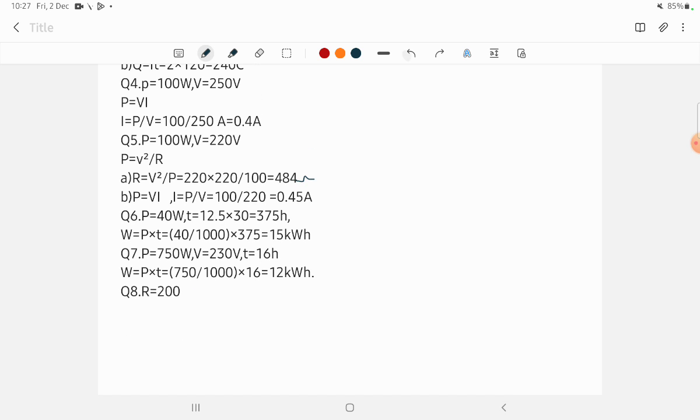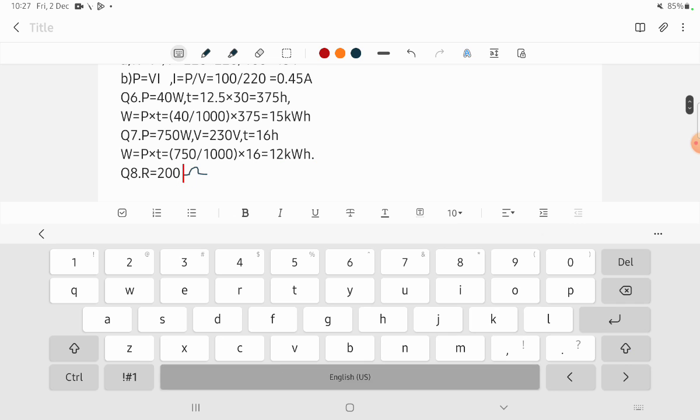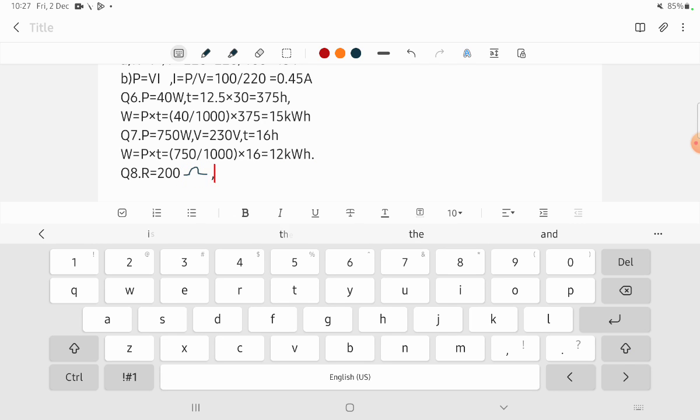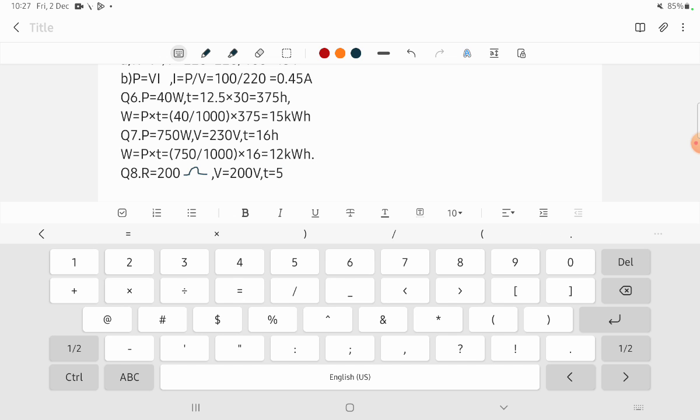Next, they have given the voltage, V equal to 200 volt. Voltage given, resistance given, time given. So T is equal to 5 minutes, that is 5 into 60, 300 second.